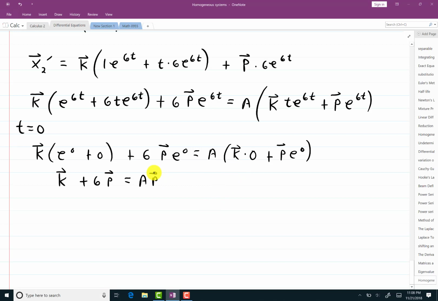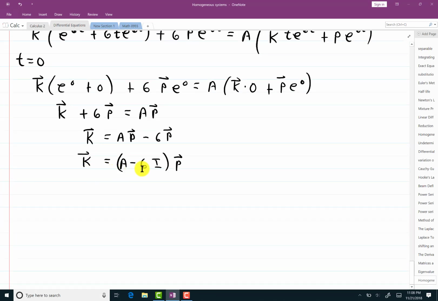And then what I want to do is take the 6p to the other side. That equals Ap minus 6p. Remember, this sort of factors, but you have to do A minus 6I. So I can use this to manufacture my other p.